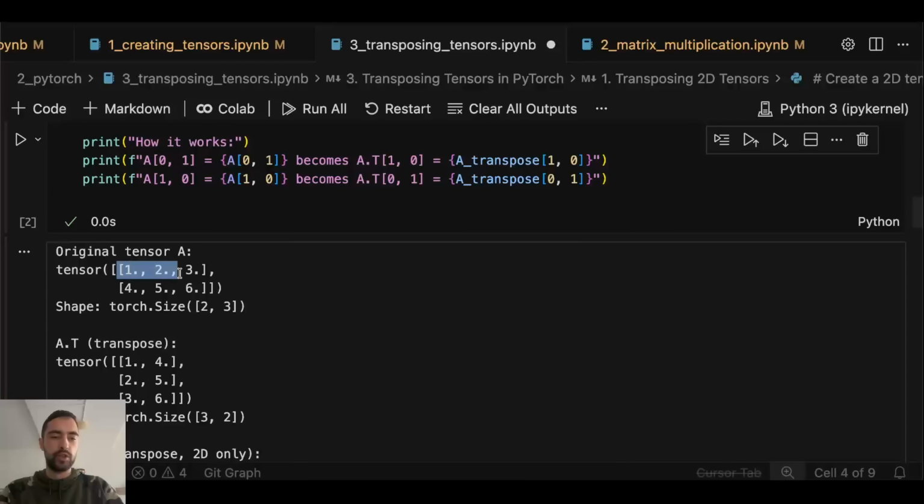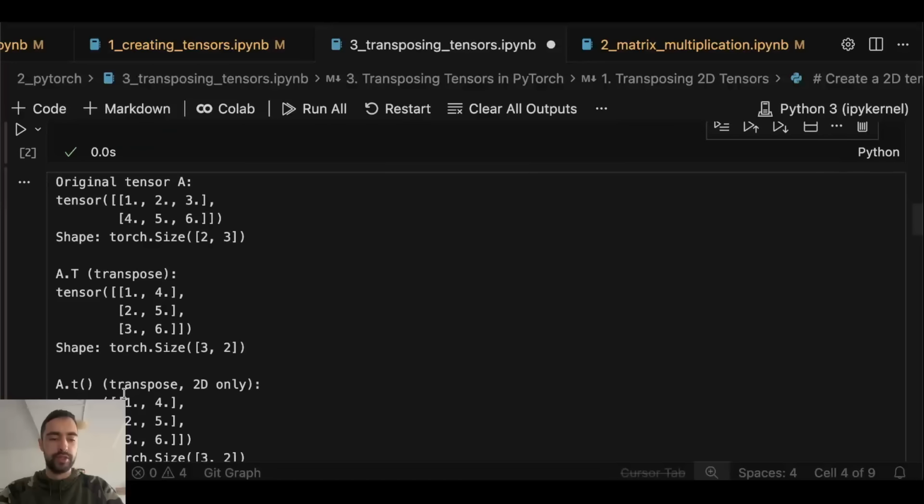This is what it's going to do: it's going to swap rows and columns. This was a column, now it's going to become a row. 1, 4 was a column, it's going to become a row now. 2, 5 was a column, it's going to become a row. And you see that 1, 2, 3 was a row, now 1, 2, 3 is a column. So it's swapping rows and columns, transposing.